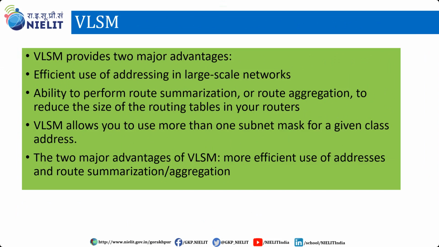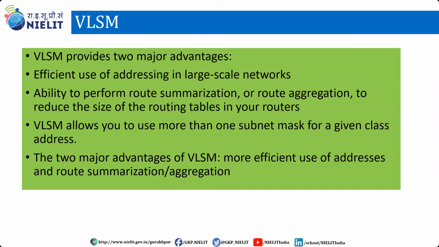Similarly, in routing mechanism, a router need not provide all the network details to each and every neighbor router in the entire internet or entire network system, because it will generate a lot of traffic. To reduce this traffic, we can have some options: we can summarize the routing table so that these networks can be combined as a single network.